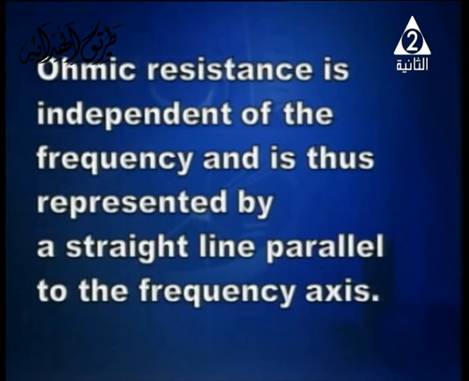And what about the ohmic resistance? Ohmic resistance, if you remember, is given by R equals rho L over A. So it is independent of frequency. So it is represented by a straight line parallel to the frequency axis.